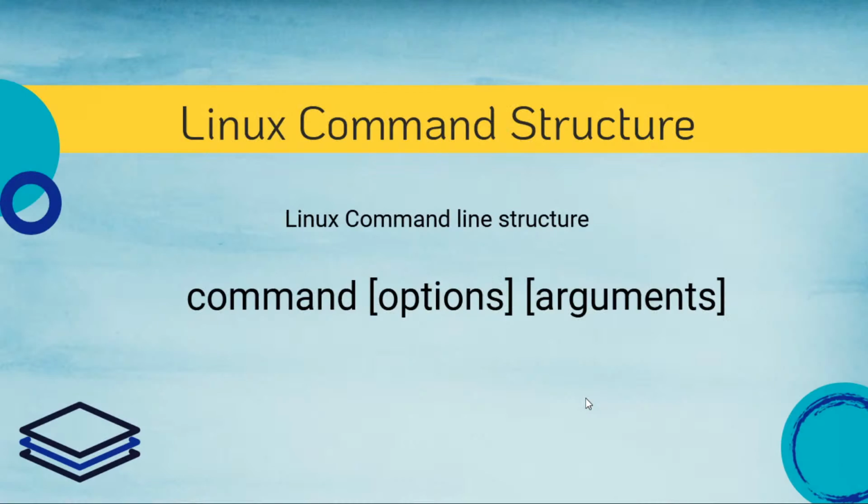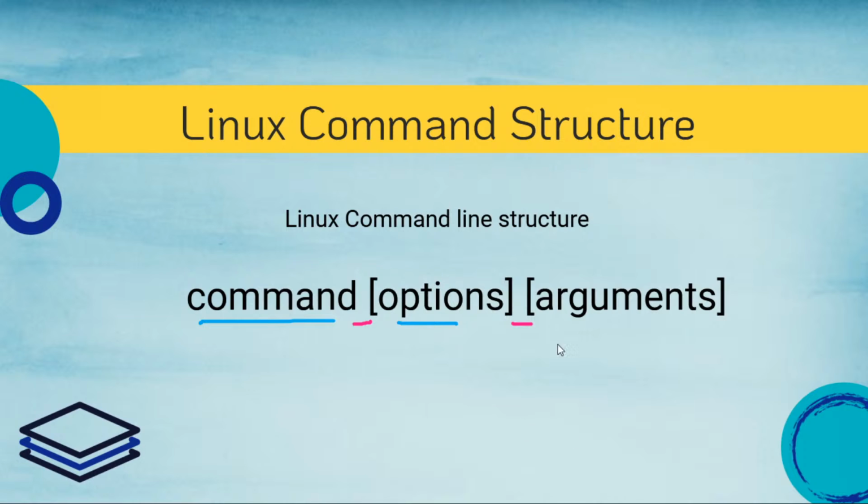Command structure. In the Linux operating system, first you specify the command name or keyword, followed by options. A space is there between the command and an option. Between options and argument, a space. And then you specify the argument.